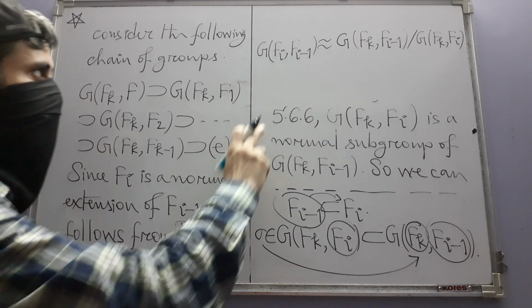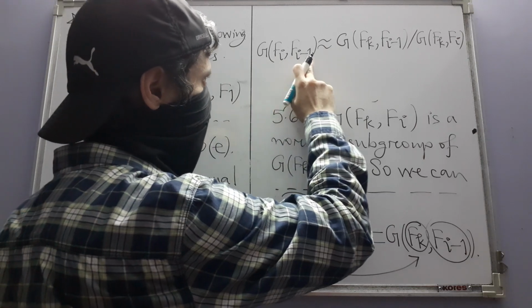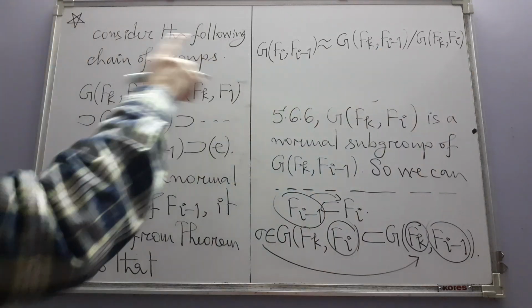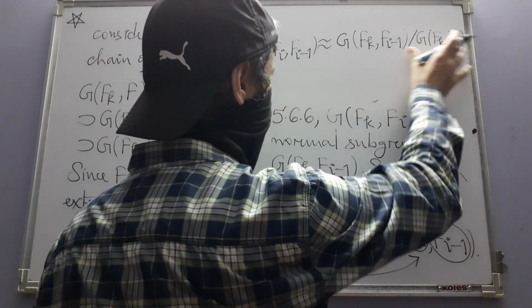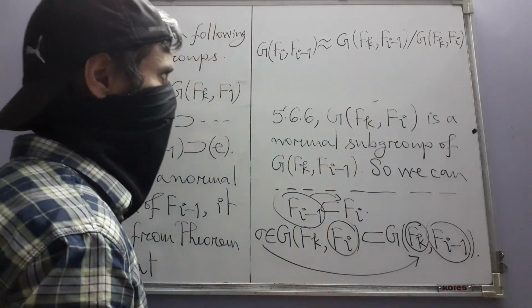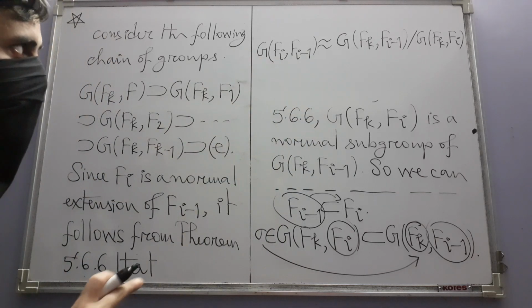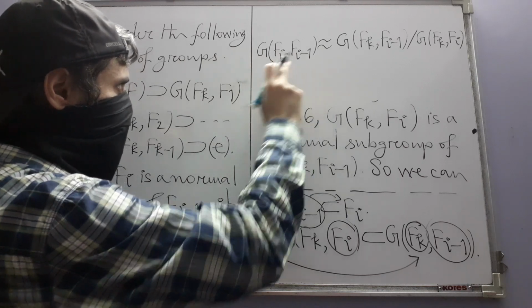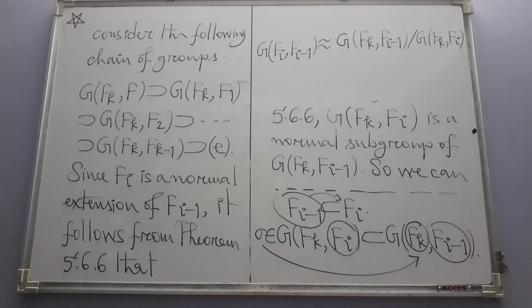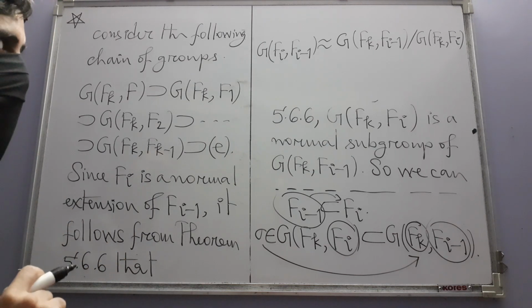Okay, and here also the way Fi and Fi minus 1 appear on this side, here the order changes. First Fi minus 1 appears and then Fi. You understand why, right? This is a subgroup of this, so obviously the quotient will look like this. On the other hand, Fi minus 1 is a subfield of Fi. So it makes sense to consider the group of automorphisms of Fi that fix all the elements of Fi minus 1. That way you can remember. Okay, so this is the thing.